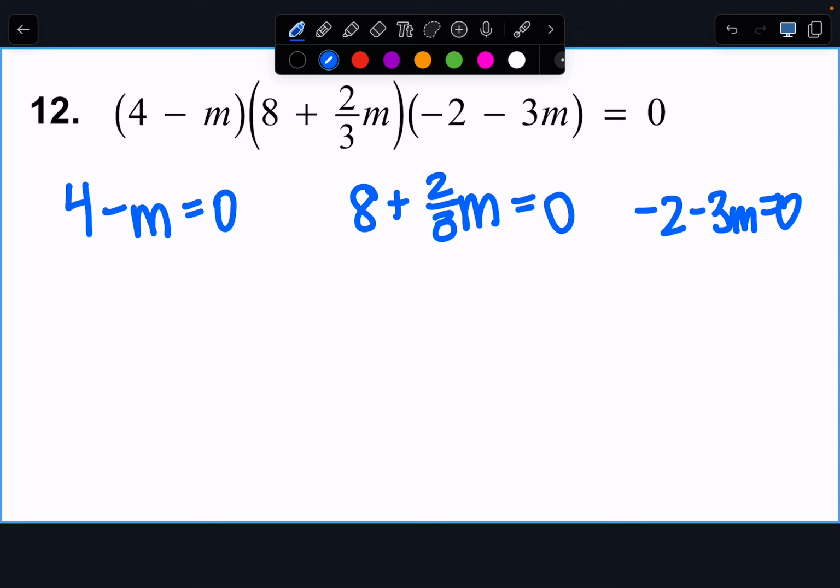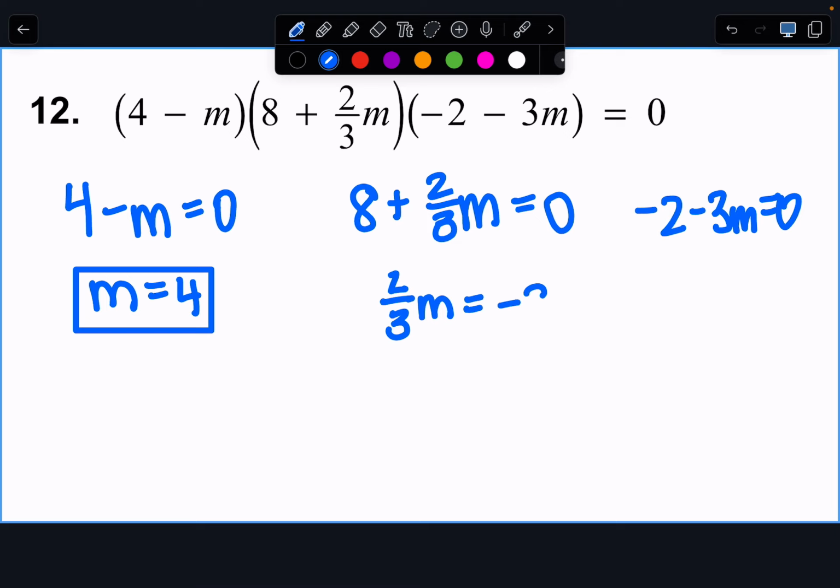If 4 minus m equals 0, what's m? M is 4. Okay, that's easy. All right, we can do this, guys. In this second one, we are going to need to subtract 8 to the other side. How do we get rid of the 2/3 that's being multiplied to m?